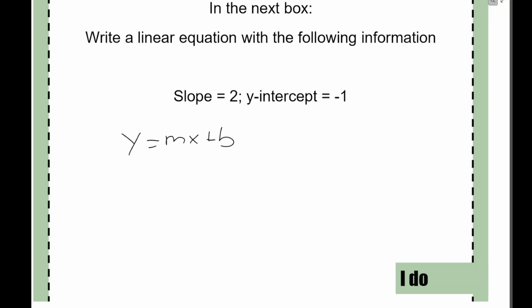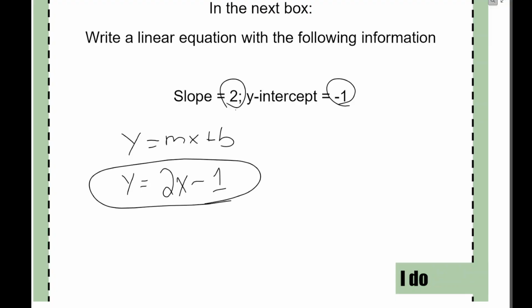So if m, our slope, is 2, I'm going to put y equals, because we don't know what y is. Our slope is 2, and then our x, because we don't know what x is. Our y-intercept is -1, so plus b will be -1. And that's your answer.